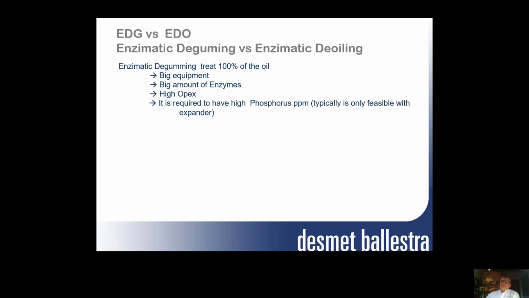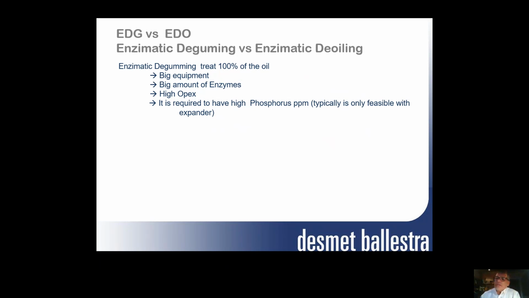The enzymatic degumming treats 100% of the oil, which means big equipment, a big amount of enzymes, high OPEX, and it requires a high phosphorus ppm. Typically it is only feasible with expandate.